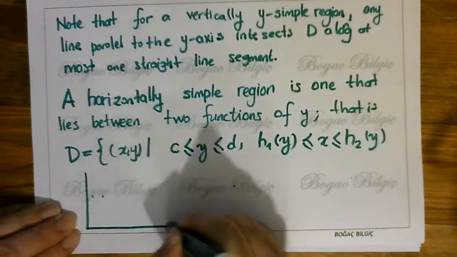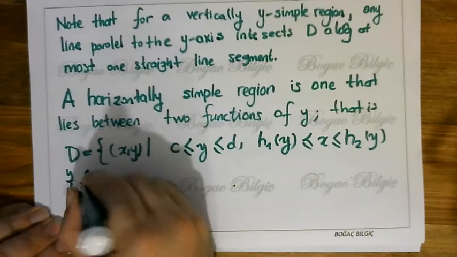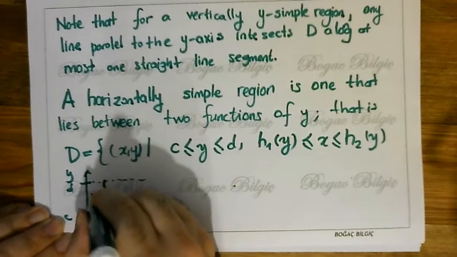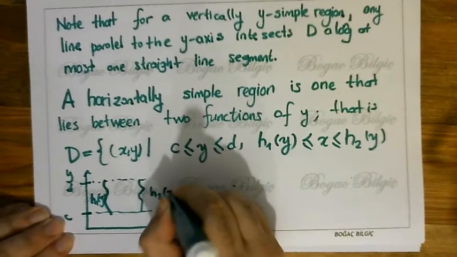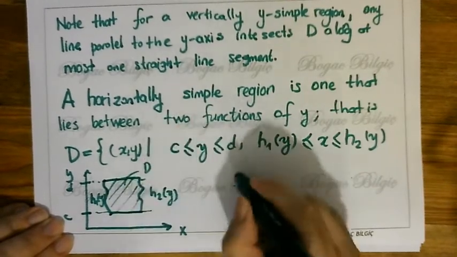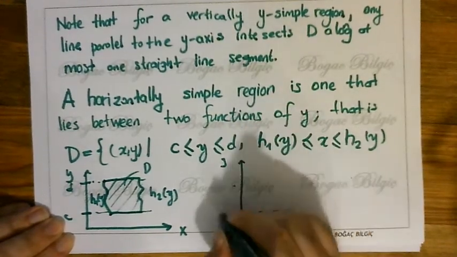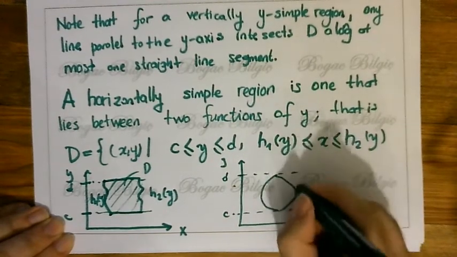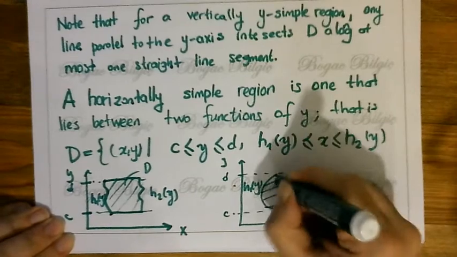For example, this area is D, with x, y, c, and d, the h1(y) function and the h2(y) function.